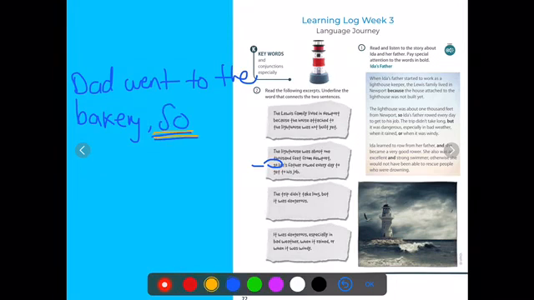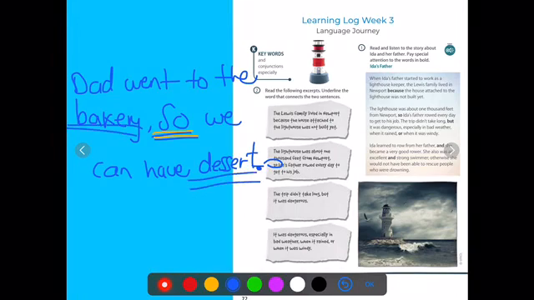I am using so as a result. Yes, so you go to the bakery to get desserts. So he went there, okay, as a result, so that you can get desserts.